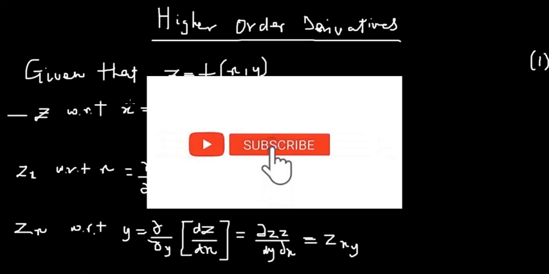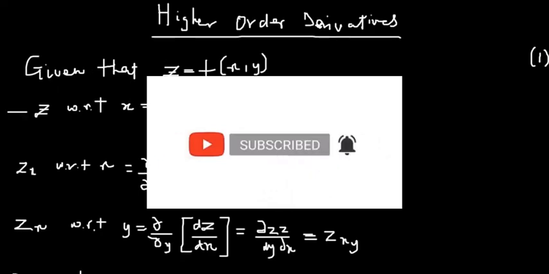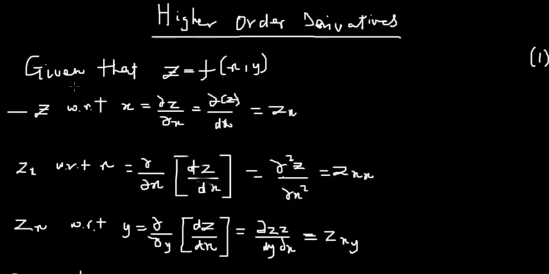So this is the concept of higher order derivatives. In case you are given an expression, let's say the expression is z, a function of x and y, and you are told to differentiate with respect to x, and sometimes with respect to y.